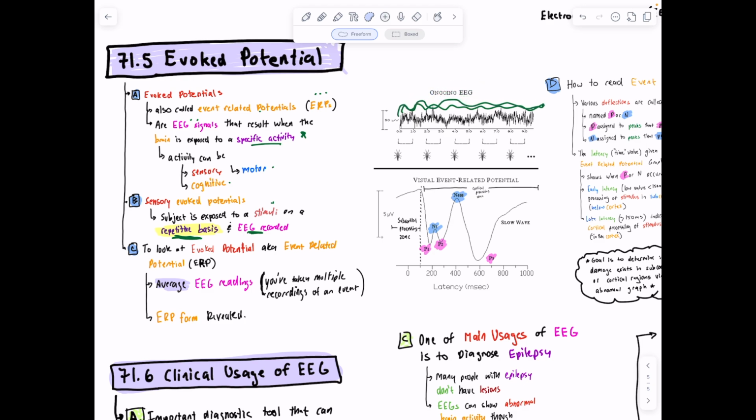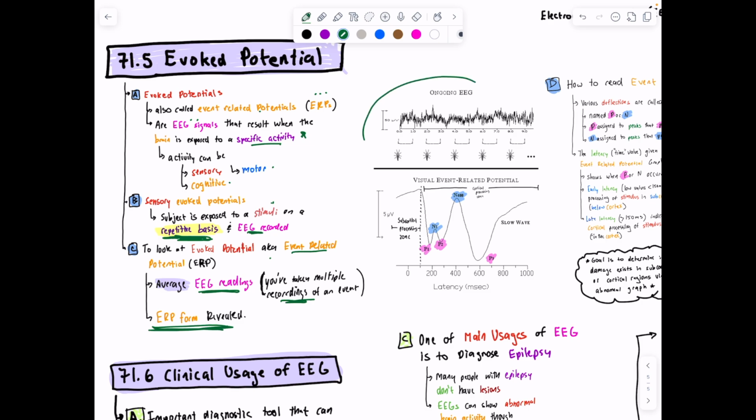Now I can overlap them and average them, and that helps me get rid of all of the noise, the signals that aren't really associated with the processing of that event, right? So the idea is if you expose a patient to a repeated event and record EEG, you can look at the evoked potential, aka event-related potential, by averaging the EEG recordings because you've taken multiple recordings, and then you get this new graph, the event-related potential graph.